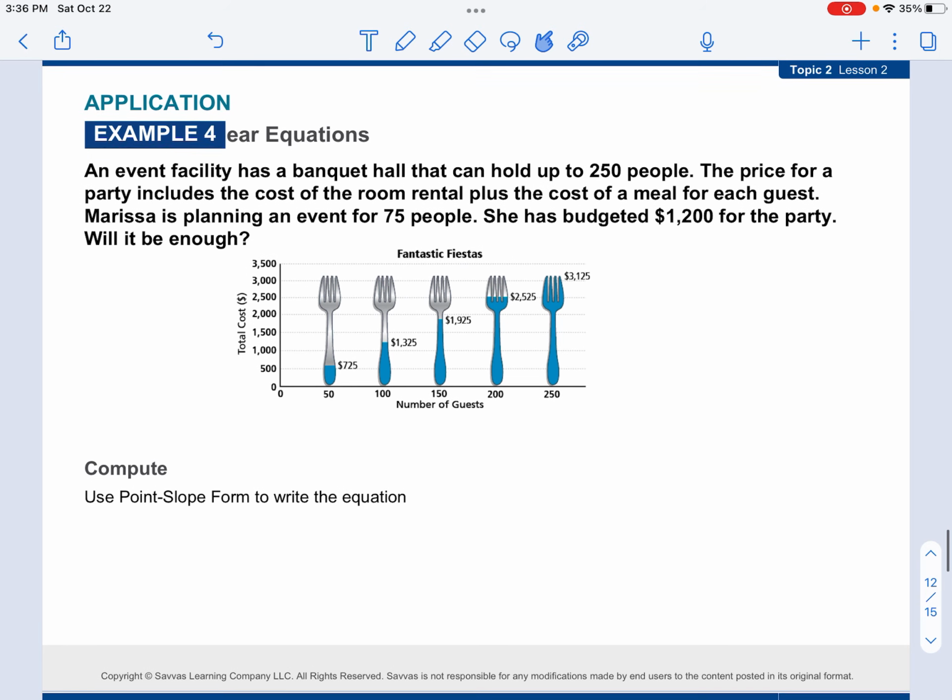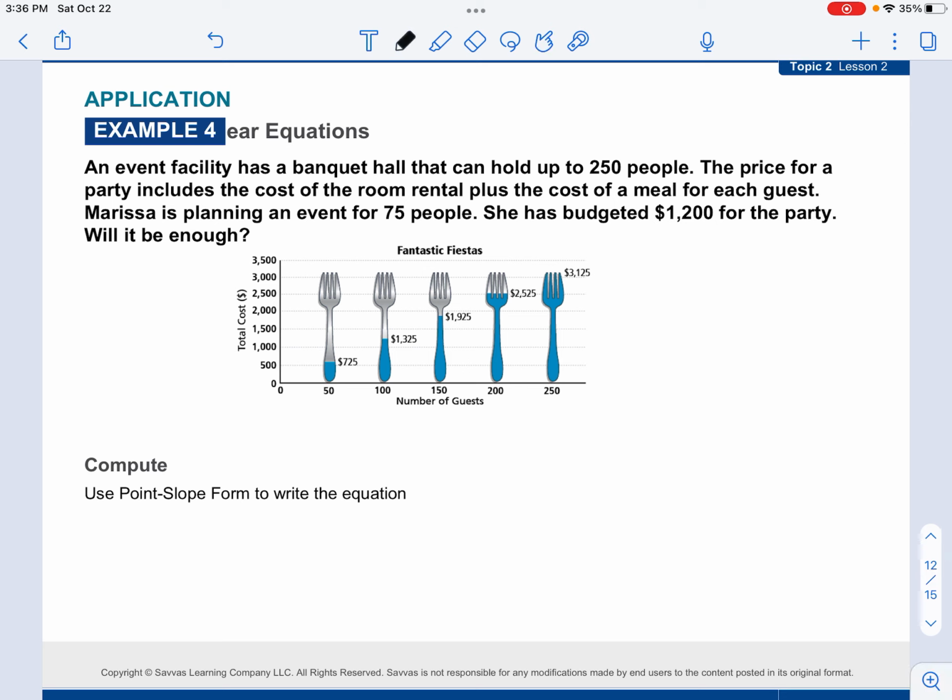Second, you're going to use point slope form to write the equation. So remember, with point slope form, you need a point and you need the slope. We just found our slope to be 12. And the other point, it doesn't matter which one you use. I am going to use the first point, which is 50, 725.